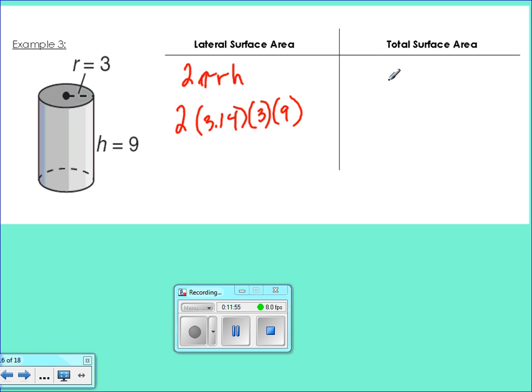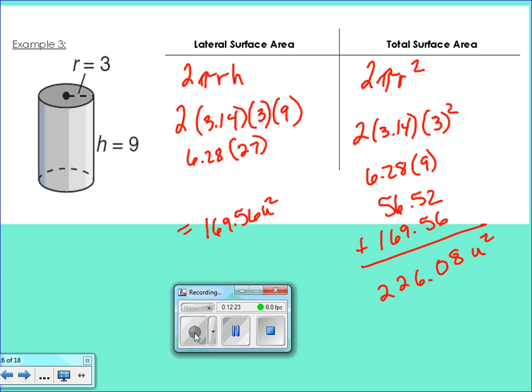And what will we use for total surface area then? What do we have to add to it? 2 times pi r squared, which will be 2 times 3.14 times 3 squared. And then we'll have to add the lateral, right? Go ahead and work that out and tell me what you get.